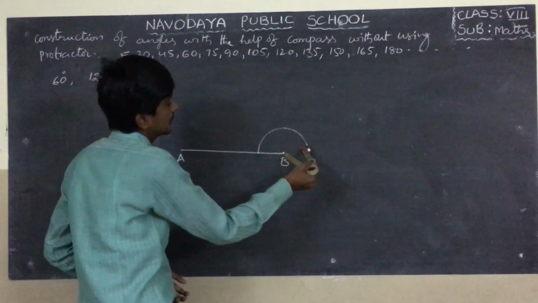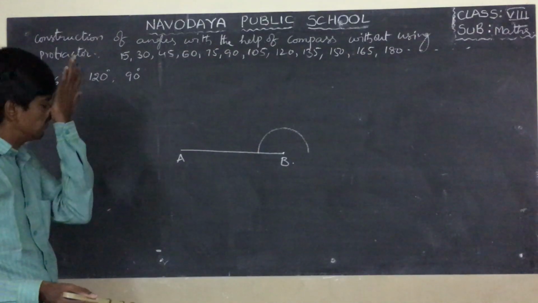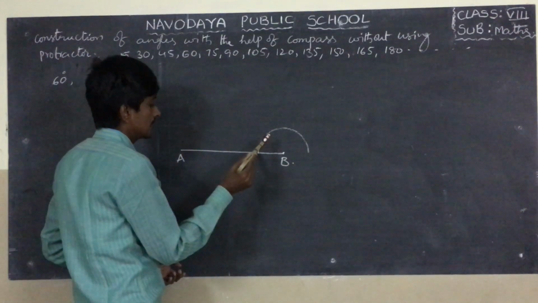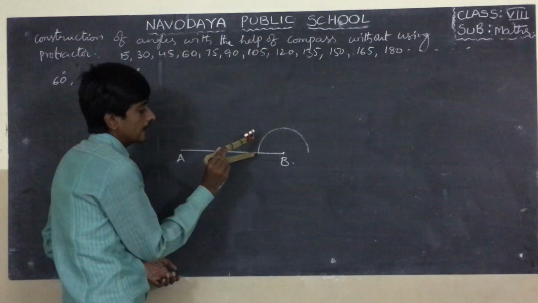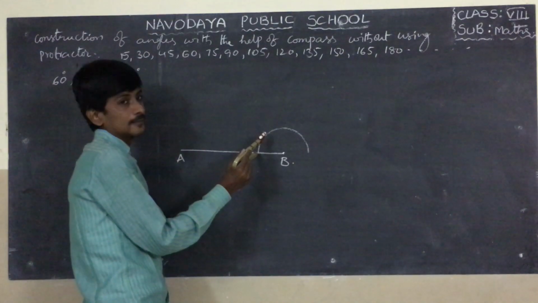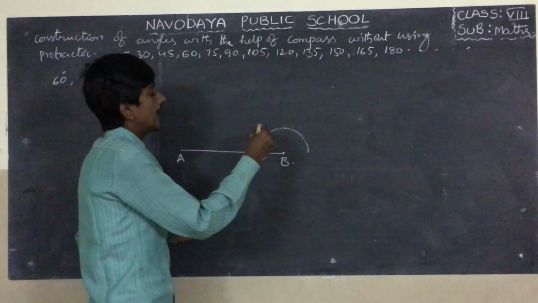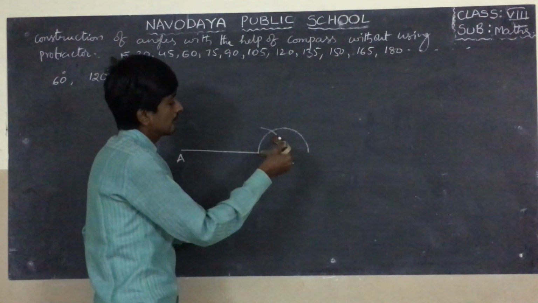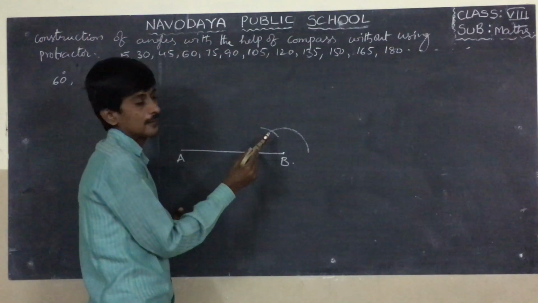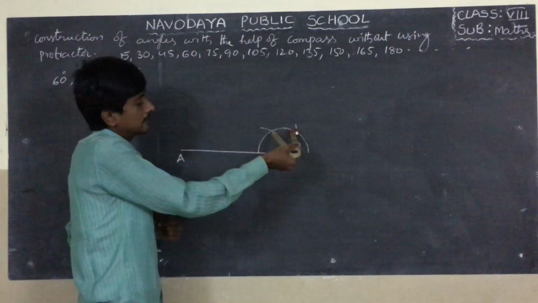Draw an arc. Now with the same radius, take the point where the arc cuts the line as center and draw an arc that intersects the first arc at one point. From the intersecting point, draw another arc.